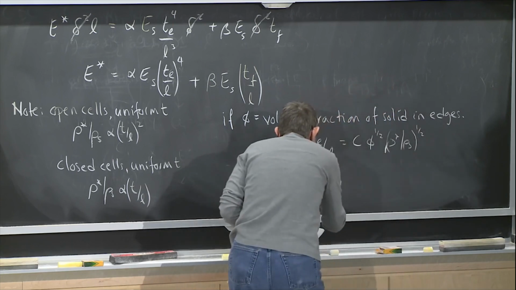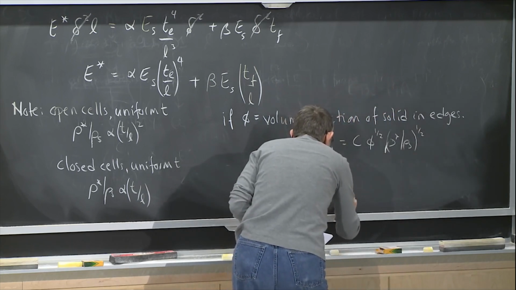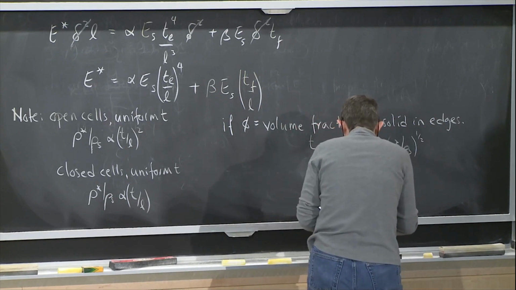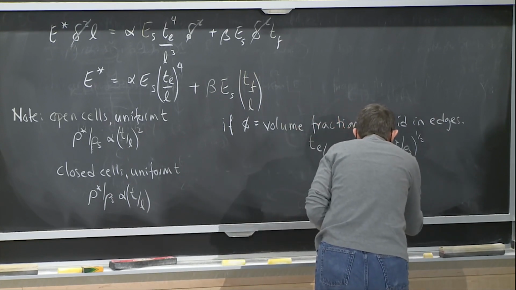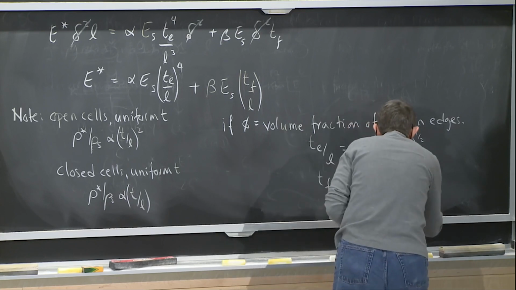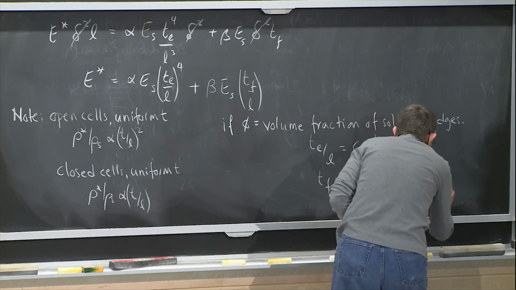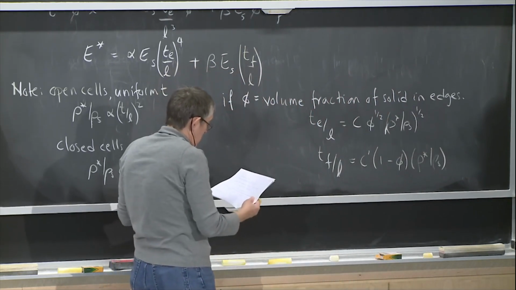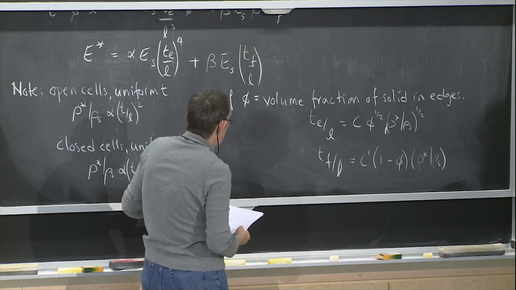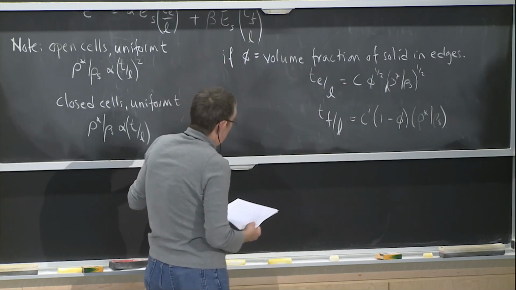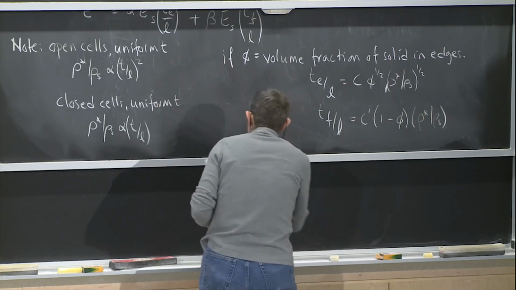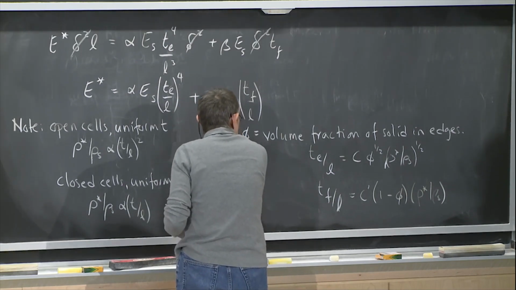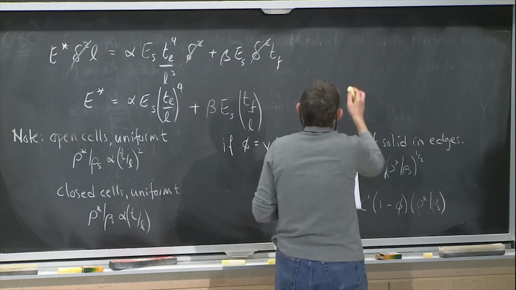And I can say T_F over L is equal to some other constant, C prime I'll call it, times 1 minus phi, that's how much is in the faces, times the relative density. And then I combine all of this. Can I put it in here? Maybe I'll just stick it down here. Hang on. Okay. I can put it up here.